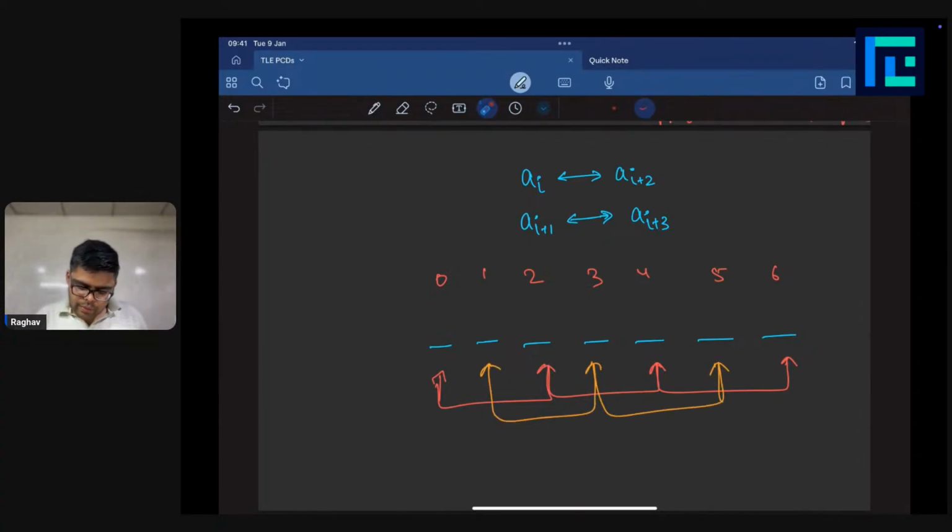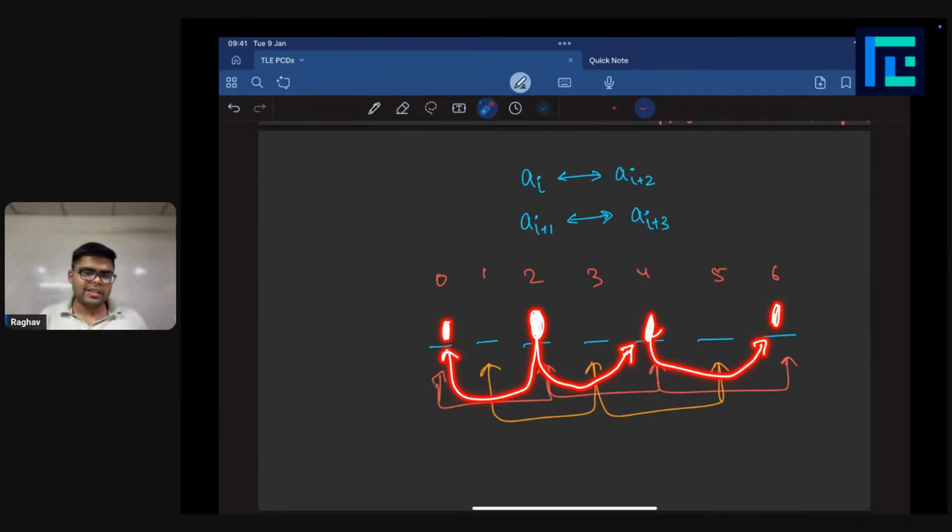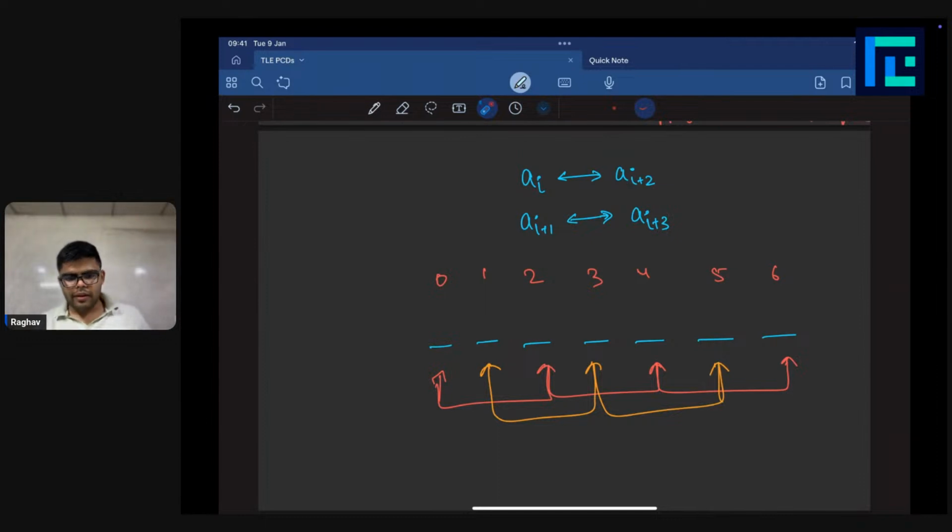If there is an element on an odd index, after applying the operation, it will still always remain on an odd index. And if there is some element which is on an even index, no matter how many times or in which way you apply the operation, it will always remain on some even index, right? This is one observation here.